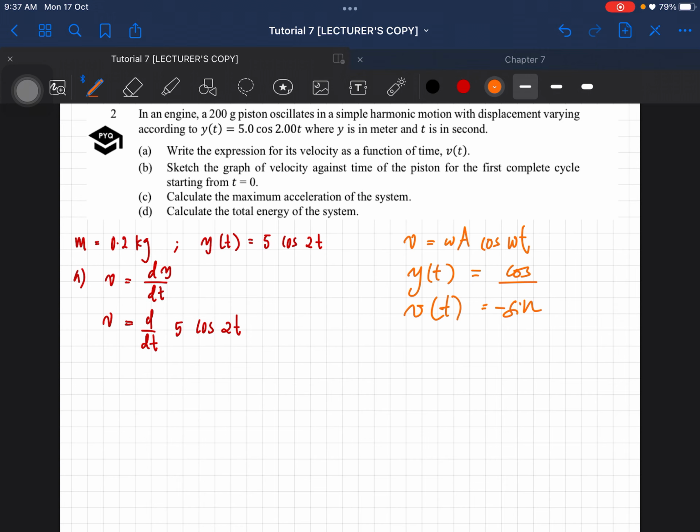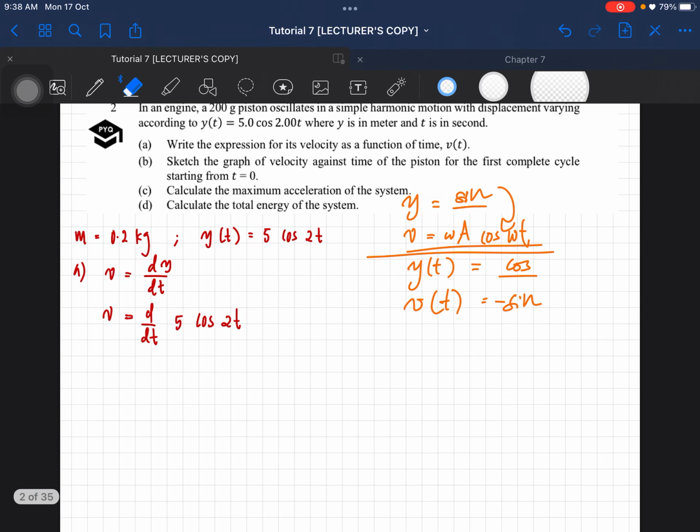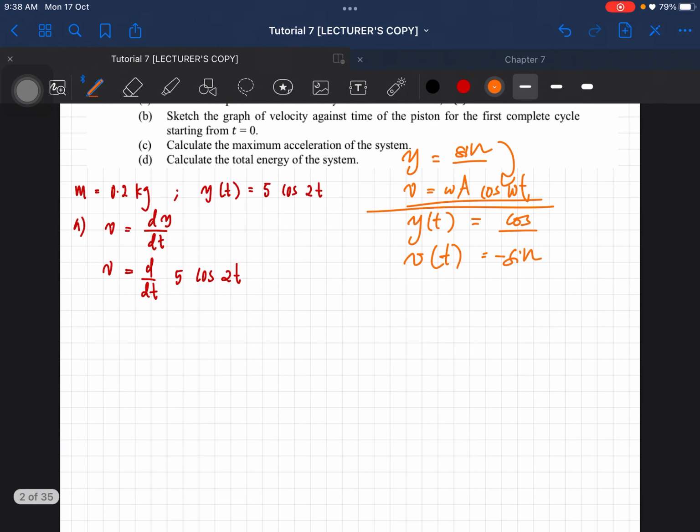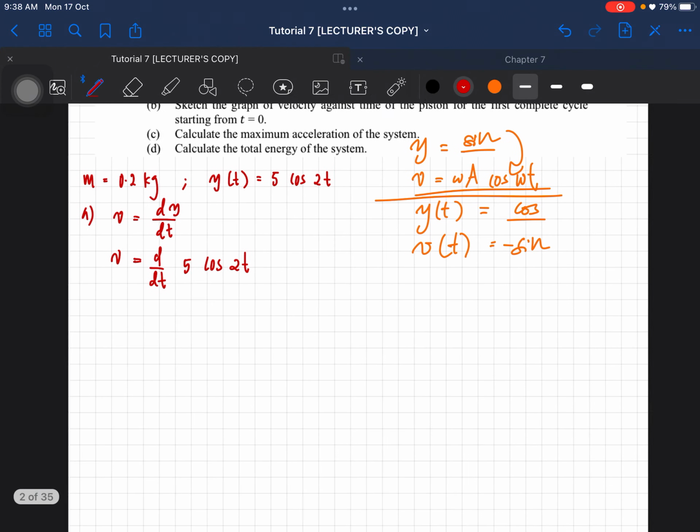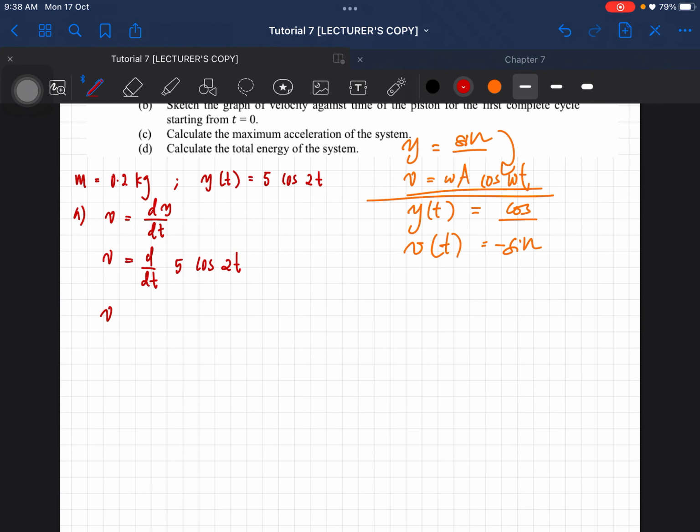So if you use the earlier equation, y should be in sine for it to be valid. If you want to memorize it, but in my opinion, I think it is better for you to just learn how to derive. Okay, so now let's derive this equation.